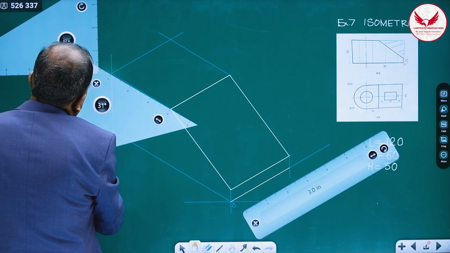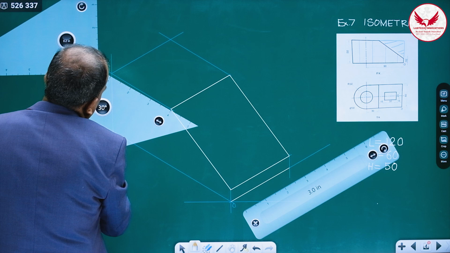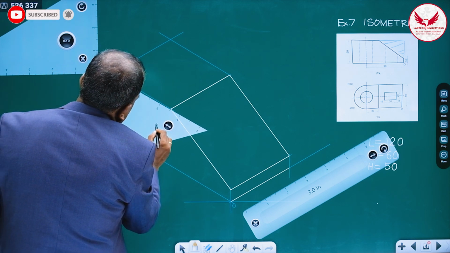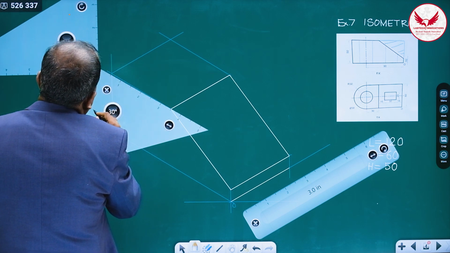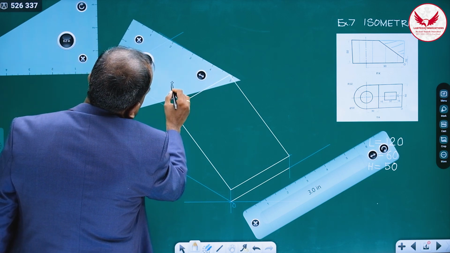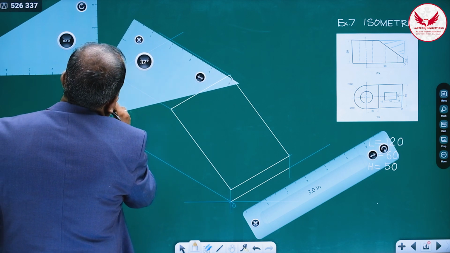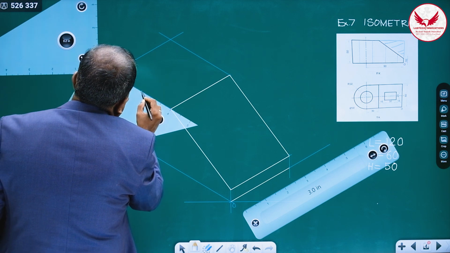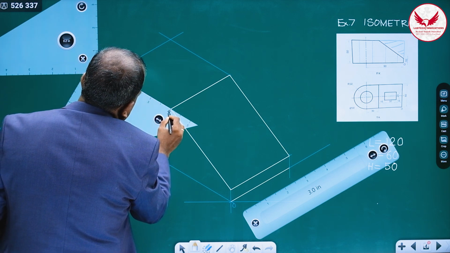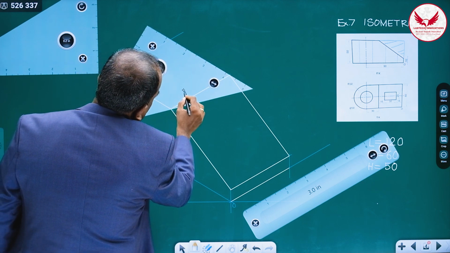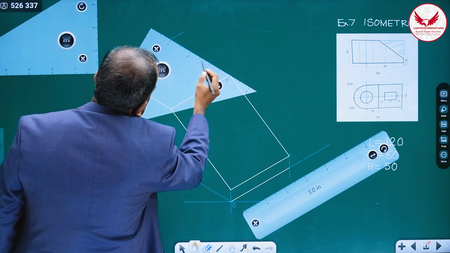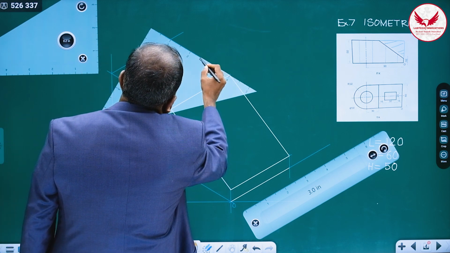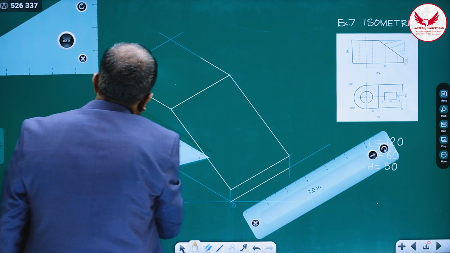Up to 30, it is going to be a straight one. From this, we'll make this 30 straight. Again, here also 10, 20, 30. It is a straight one.